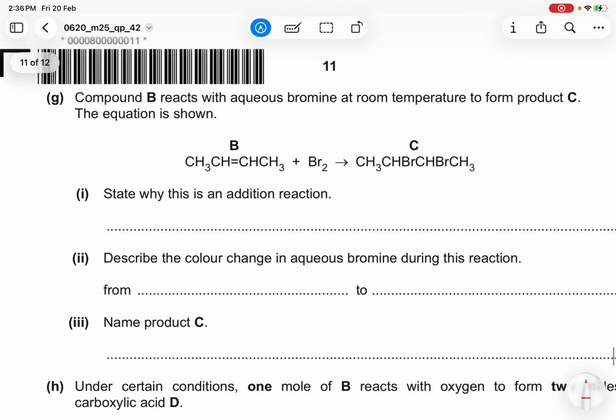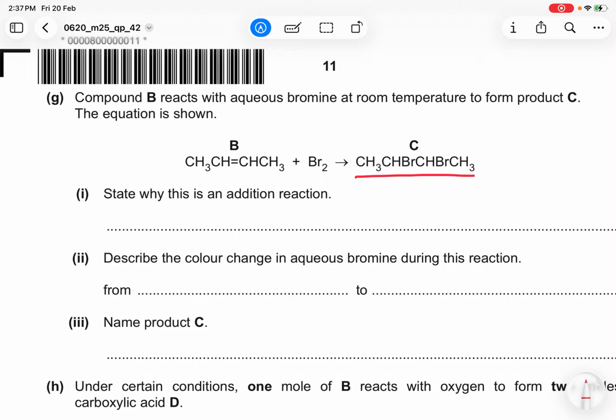Next, compound B reacts with aqueous bromine at room temperature to form product C. The equation is shown. So they have already given us the equation of how B is going to react with bromine to form the product. Now, state why this is an addition reaction. You can see that only one product is being formed here.